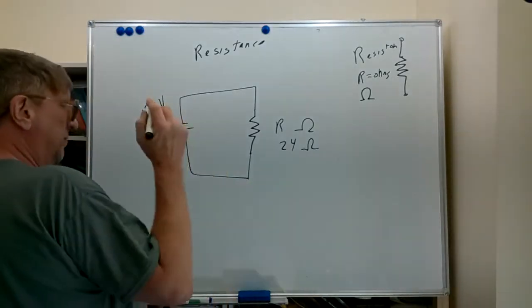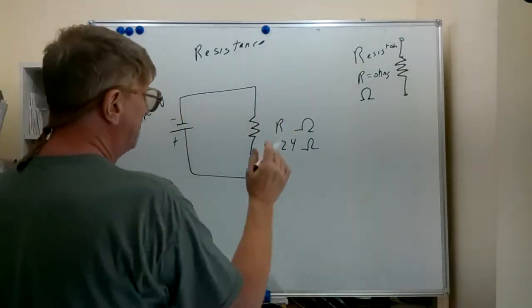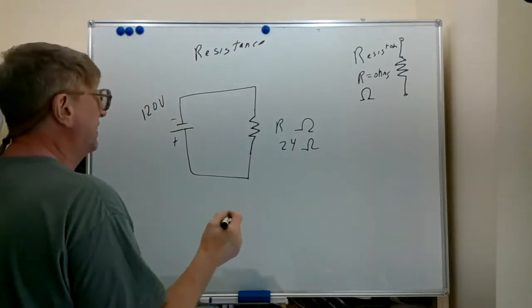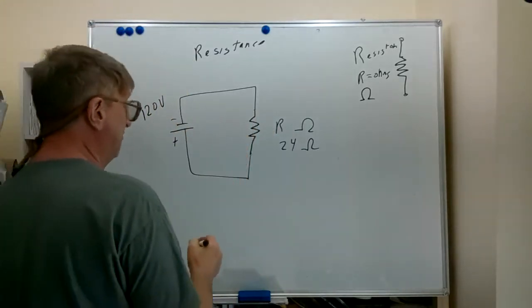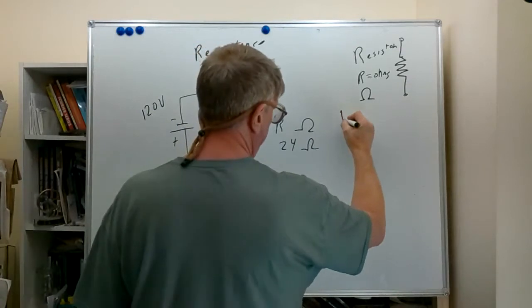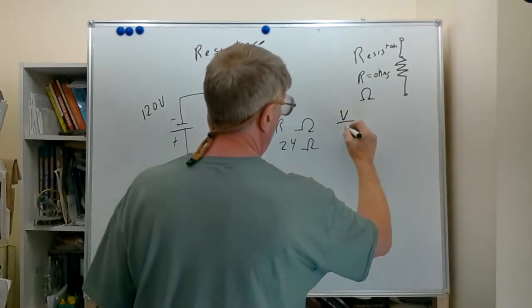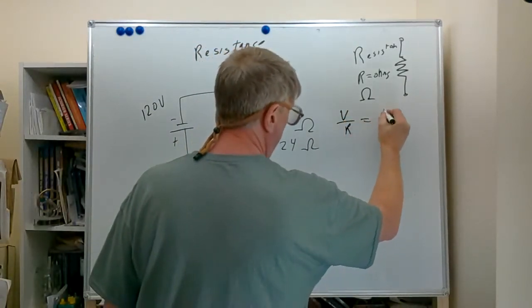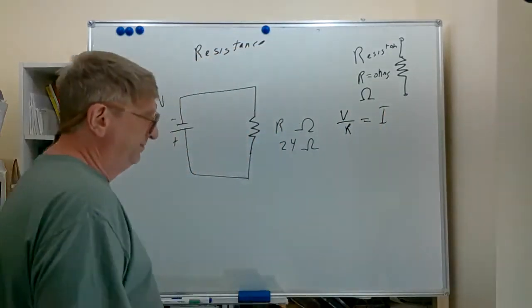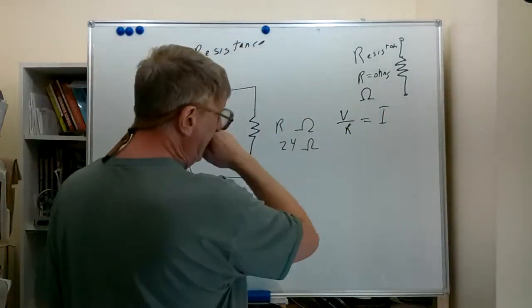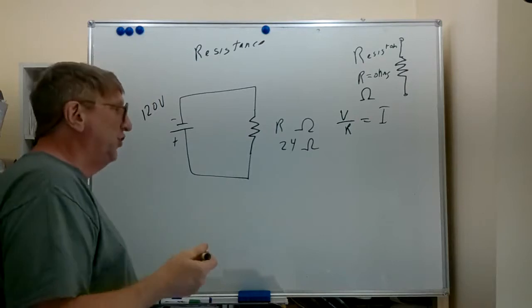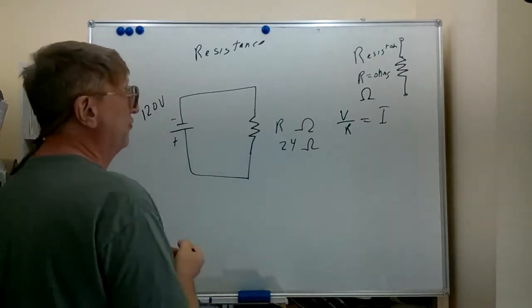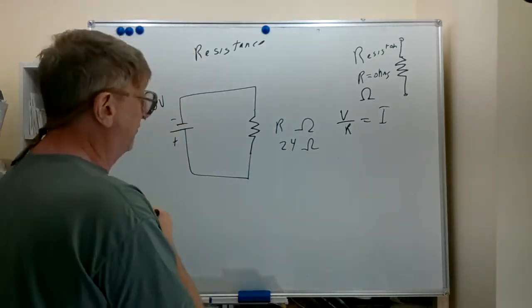Now, with the voltage and resistance, we can calculate current. Basically, V over R equals I. So you'll often see this as E, but we're going to use V for voltage rather than E for electromotive force in this particular course.